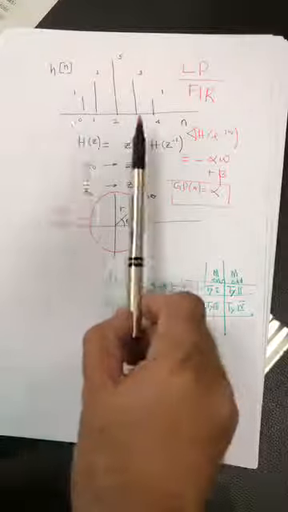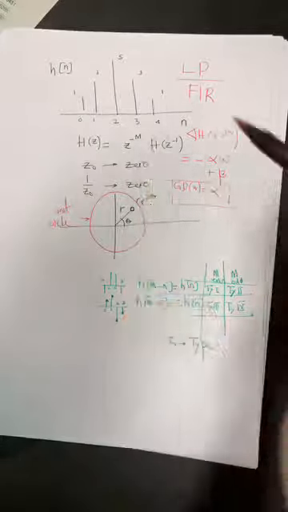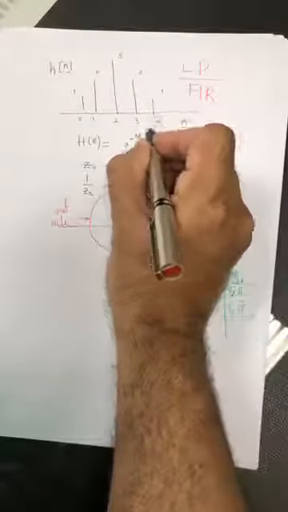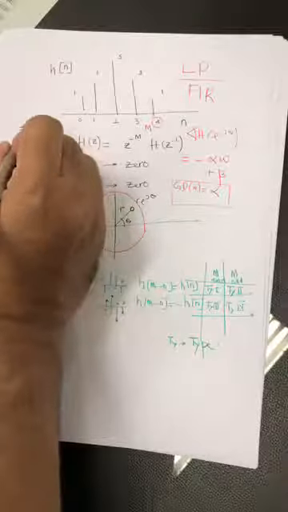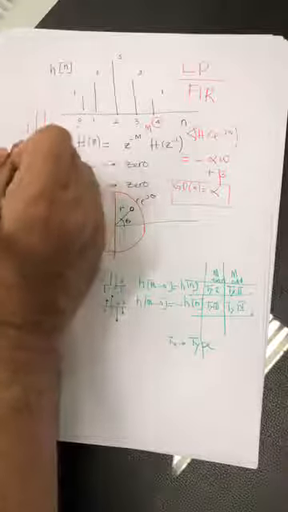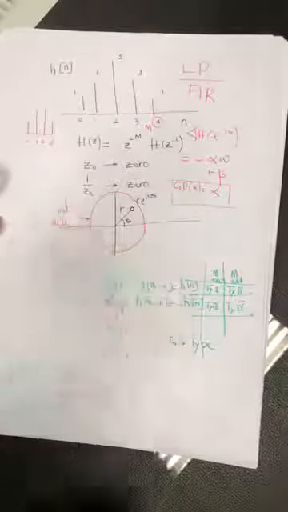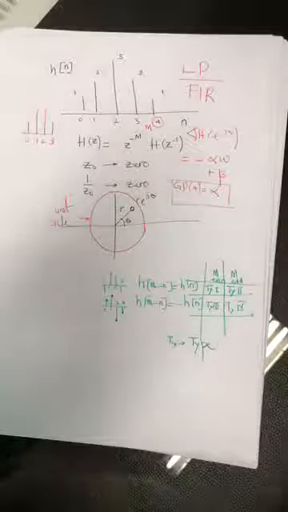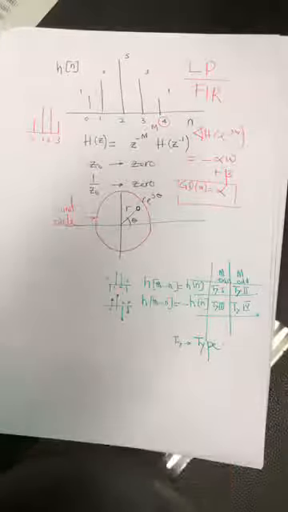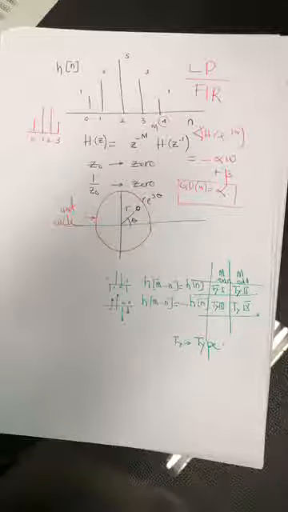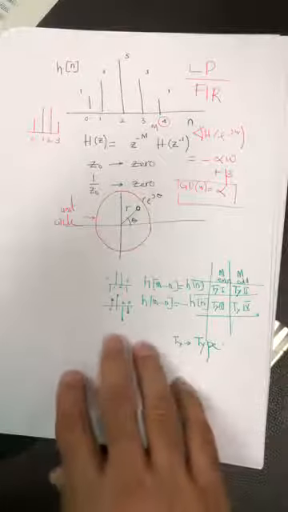This length is called M. M could be even or M could be odd. If M is odd, it will look something like this. So this is M odd and M even, and then it is symmetric or anti-symmetric.